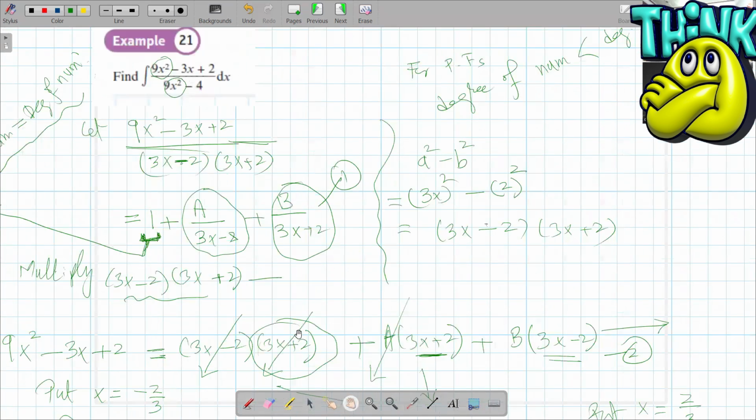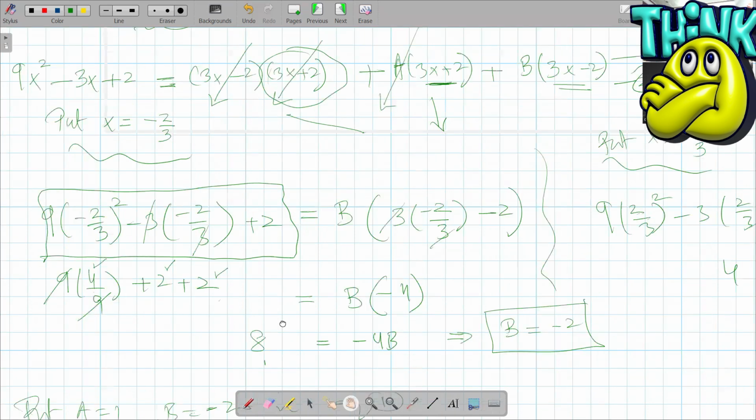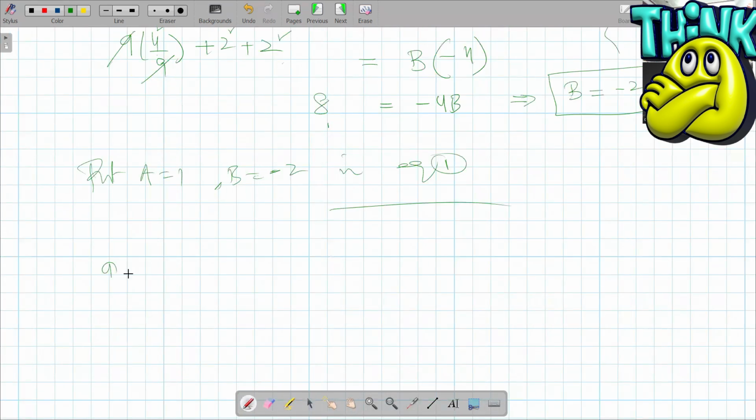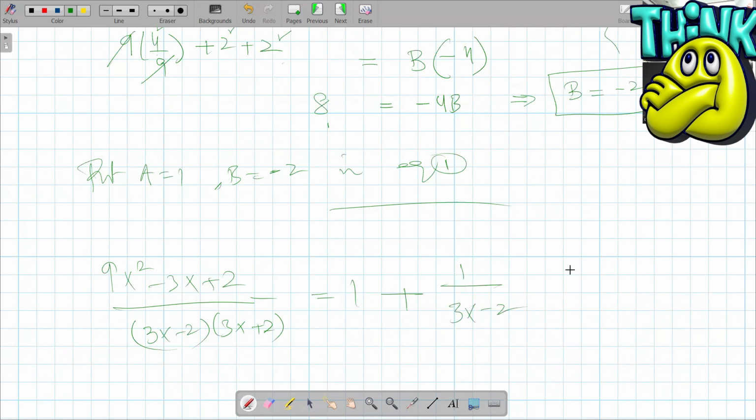So 9x square minus 3x plus 2 divided by 3x minus 2, 3x plus 2 equal to 1 upon 3x minus 2 plus b upon 3x plus 2. This will be equation 1.